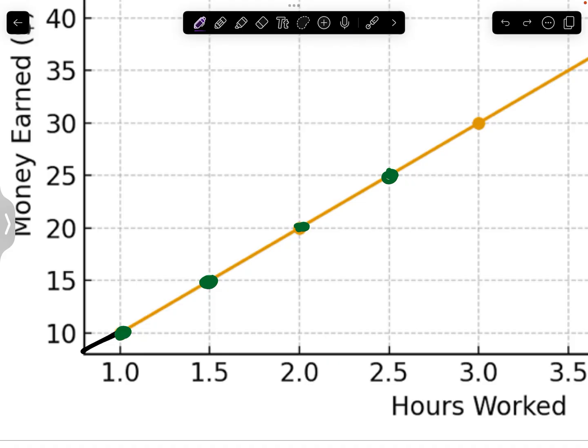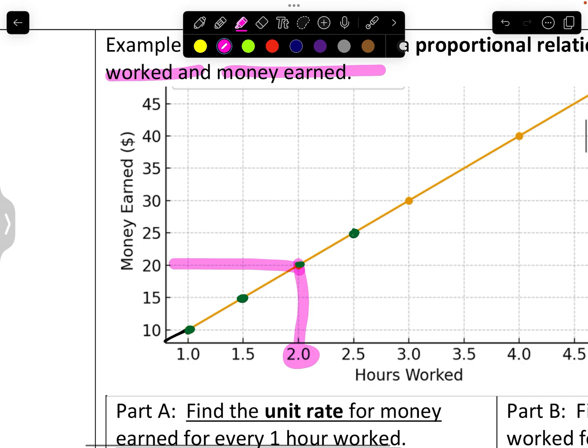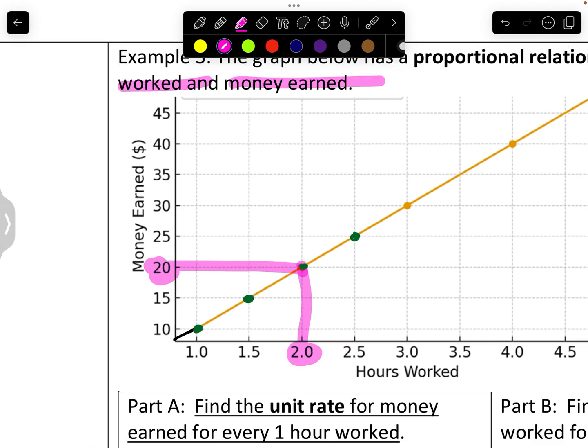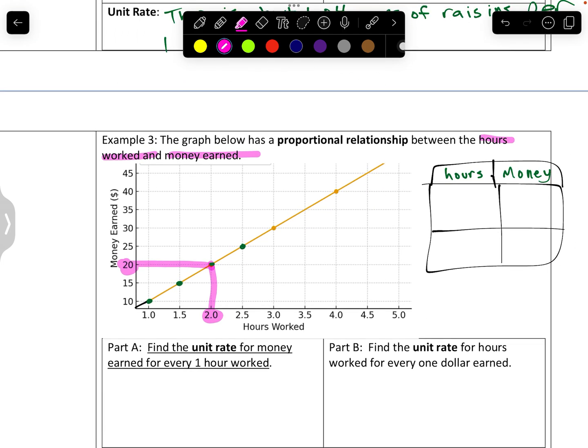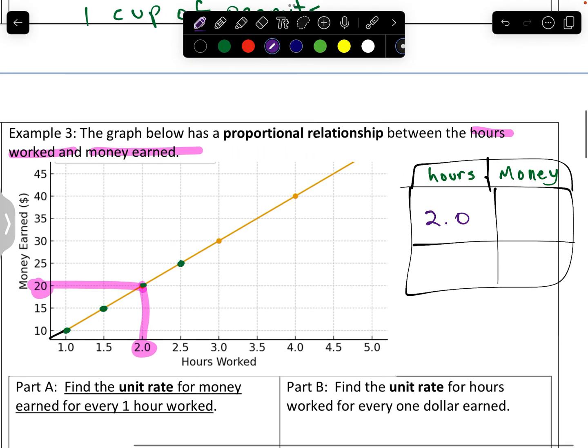So you decide, hey, my hours worked, my money earned for that one. So let's go put that in the chart. I'm only going to put 2 sets of numbers. There's no reason to put more. We're only going to use one anyway. So hours worked for the first one was 2.0. And money earned there was $20.